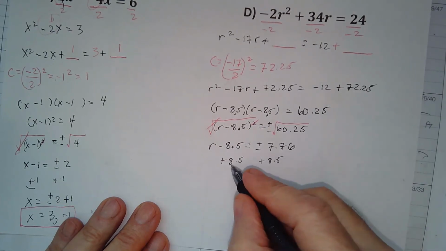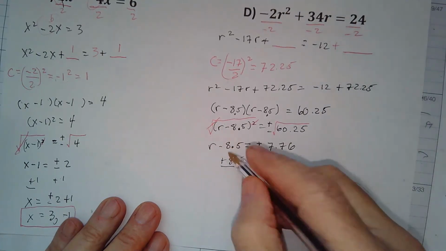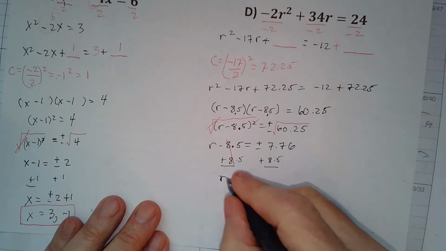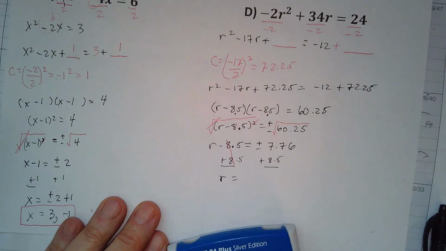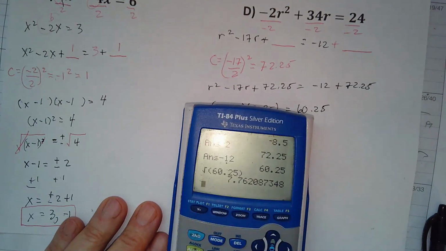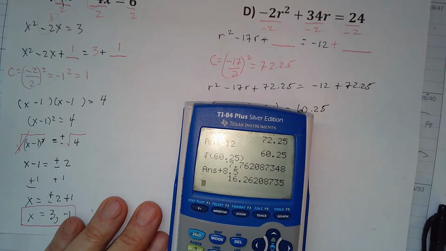All right, so now let's add 8.5 to both sides. This cancels, so your r is going to equal 7.76 plus 8.5, and you get 16.26.